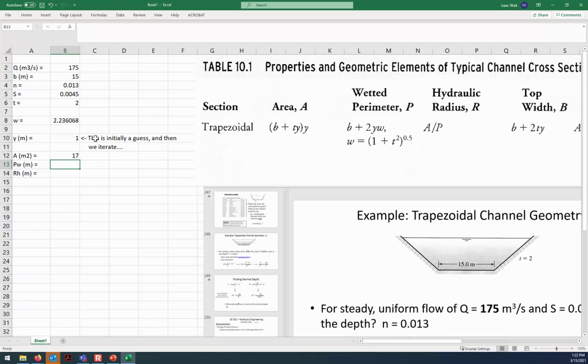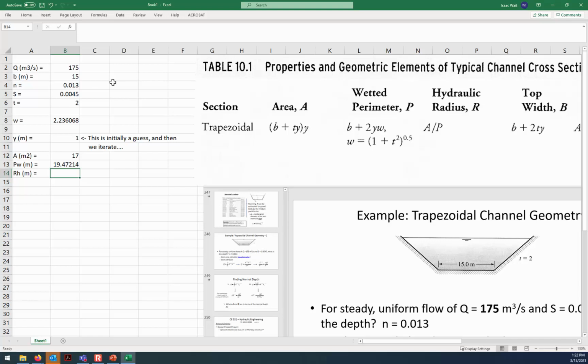Now let's write the wetted perimeter in terms of this unknown guess depth. And so here's the formula for wetted perimeter. Equals B plus 2 times the depth times W. Okay, so that is our wetted perimeter if it's 1 meter in depth.